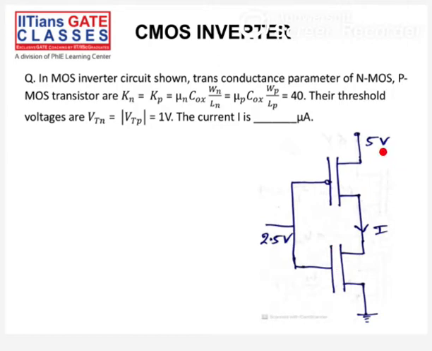We have 5 volt as the biasing voltage, and the input voltage is 2.5 volt. They have given VTN and modulus of VTP as 1 volt. The current I is in microamperes. What is this current? That is what they wanted to know.